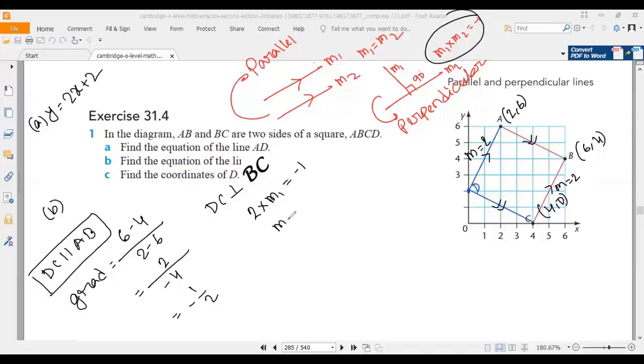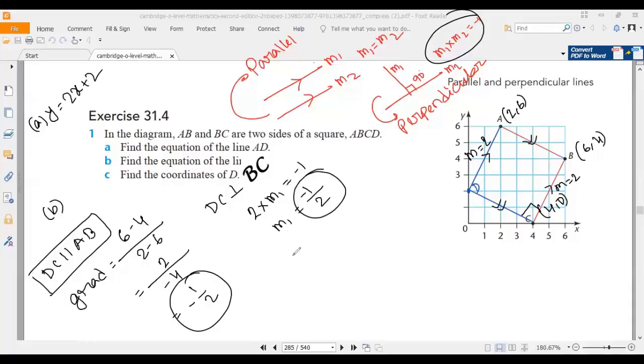Then the gradient of DC, that means M1, will be -1 by 2. Look, both ways, you get the same gradient. Why? Because DC and BC are perpendicular, since in a square each interior angle is 90 degrees.